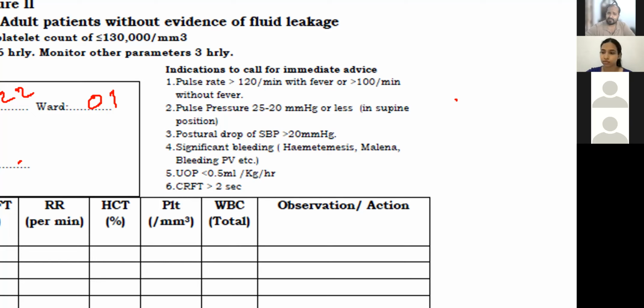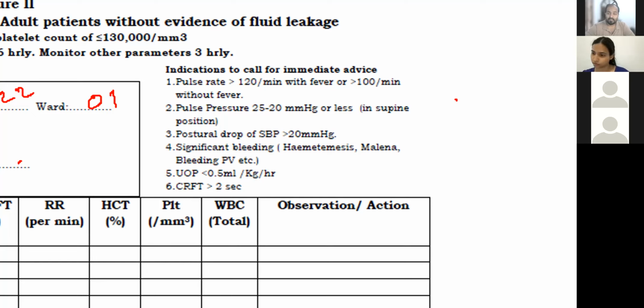If there is significant bleeding like hematemesis, melena, bleeding PV, that also could be a DHF manifestation. If the urine output is reducing, normally the gauge of urine output is 0.5 ml per kg per hour. If the urine output is less than that, you need to make sure whether it is due to leaking or not.